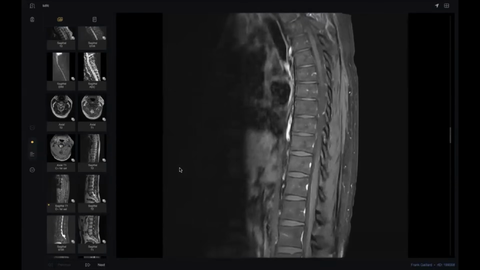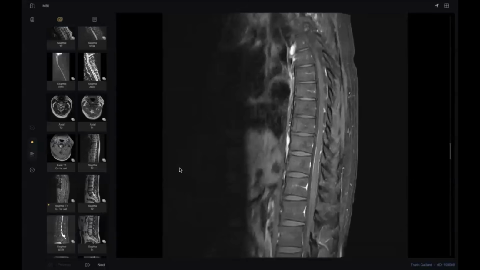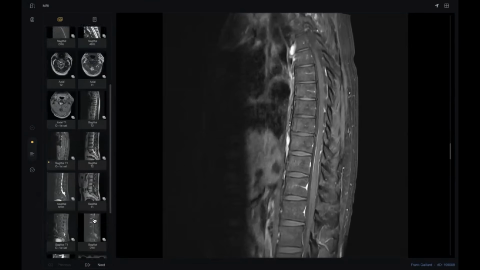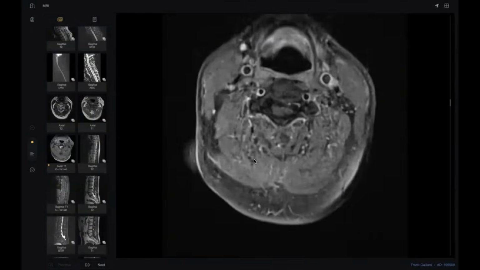Okay, this is the cervical dorsolateral region. No additional similar abnormality in this segment. Yes, this is axial.